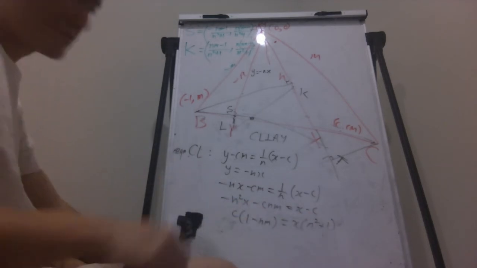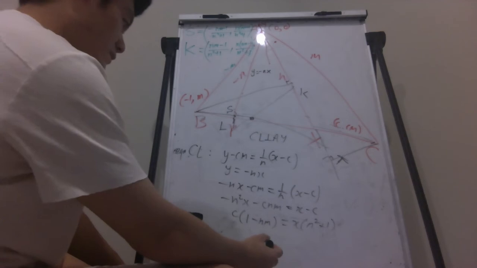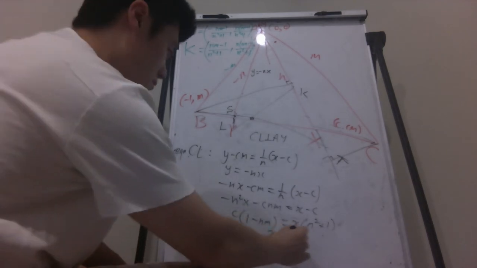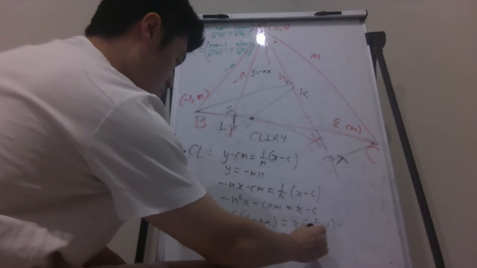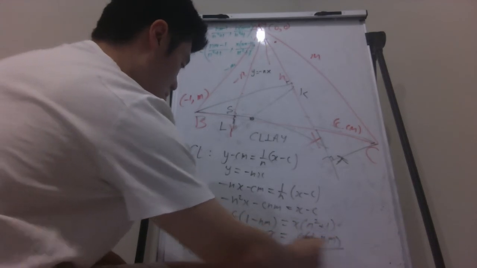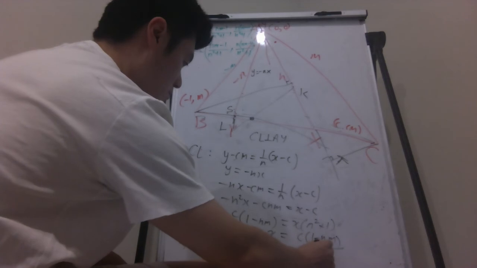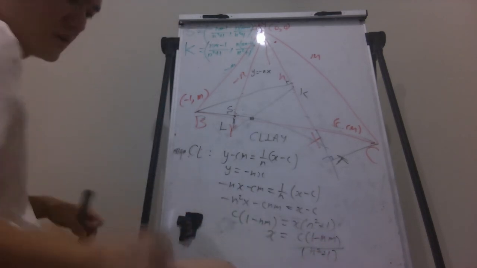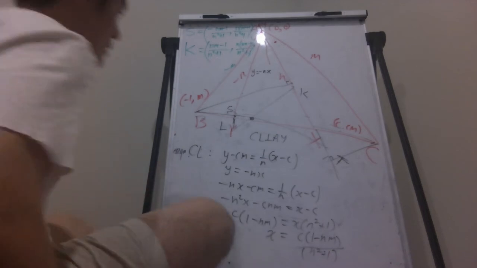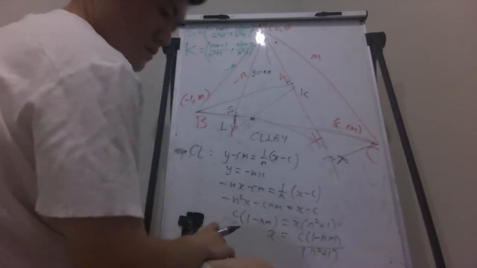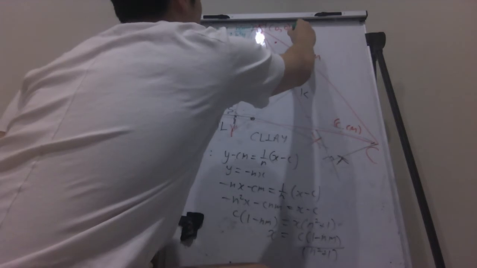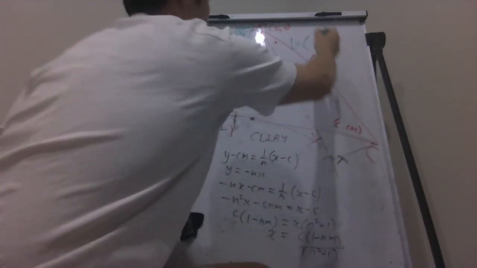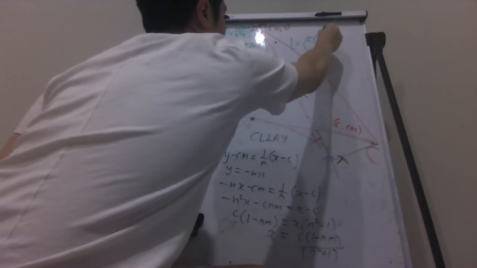So what are we solving for here? x, right? x equals c outside of 1 minus nm on n squared plus 1. So now we have our coordinates for L: c 1 minus nm.